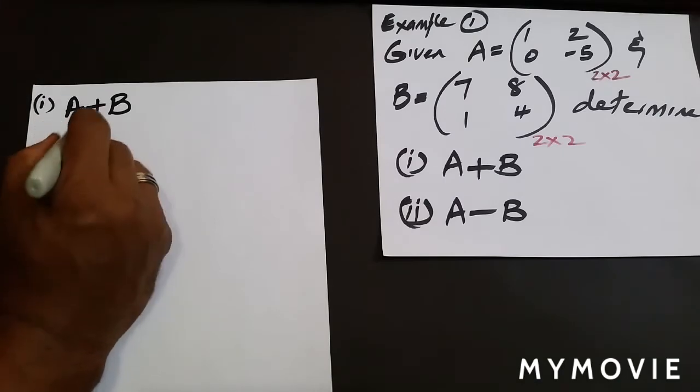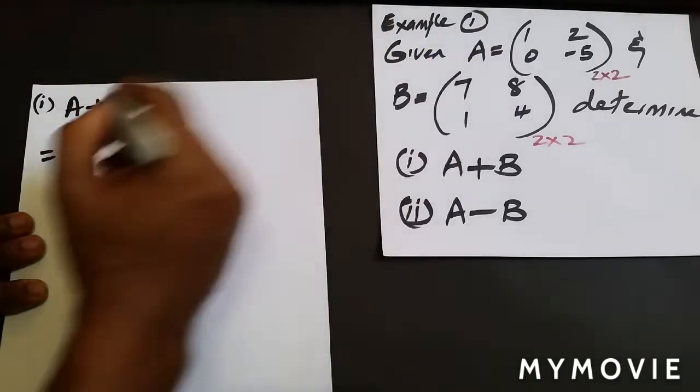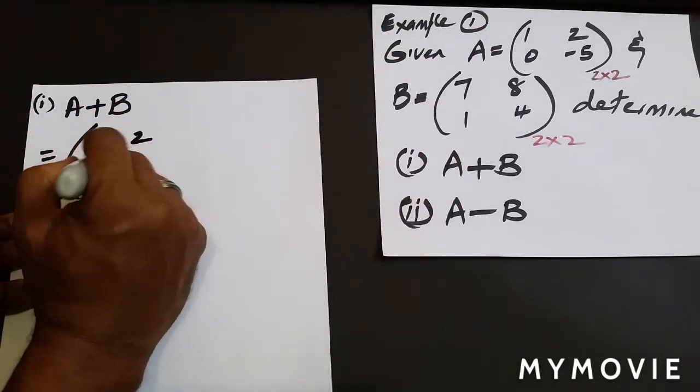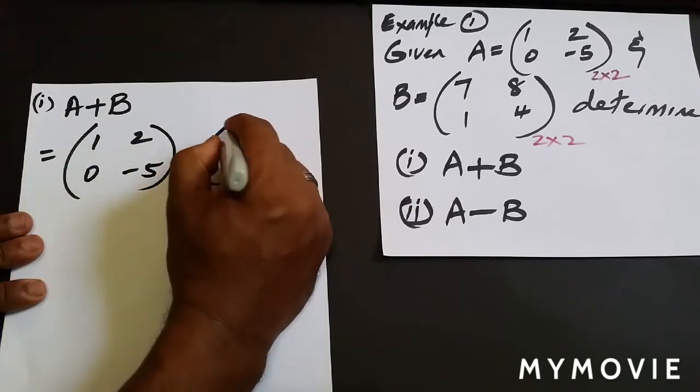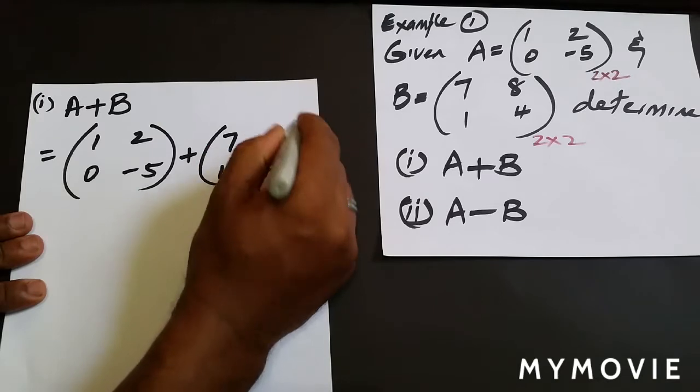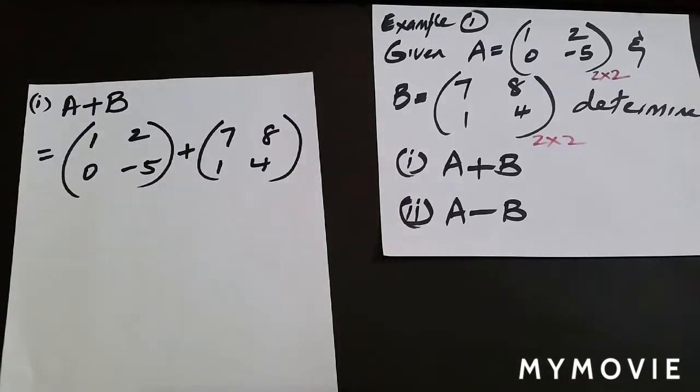So we know that A comes first, and A is 1, 2, 0, negative 5, and that is added to B, which is 7, 8, 1, and 4. Now that the condition exists and we can go ahead with the addition, the way we do it is simple.